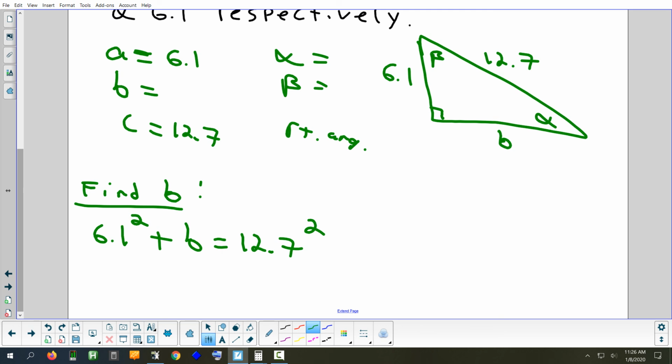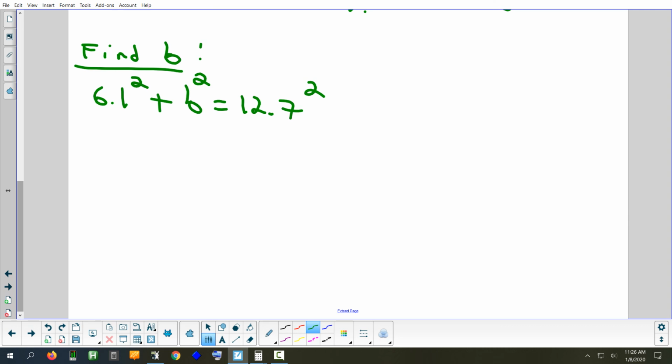That's going to be important because we're going to have to take a square root at the very end. Okay, so let's do this all in one step. So we'd have to take the square root. And how would you move 6.1 squared over to the other side?